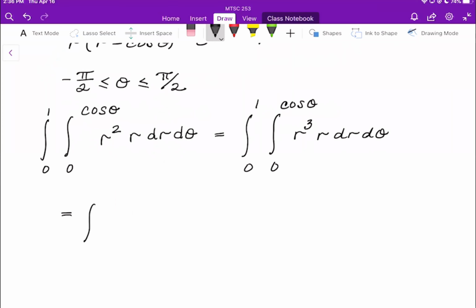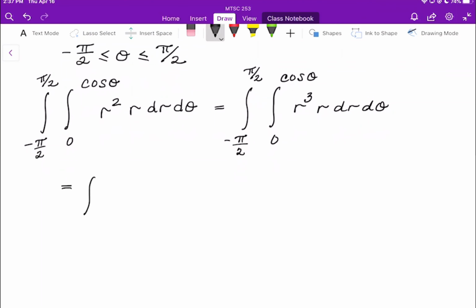These are the wrong limits. Okay. Integral from minus pi over 2 to pi over 2.